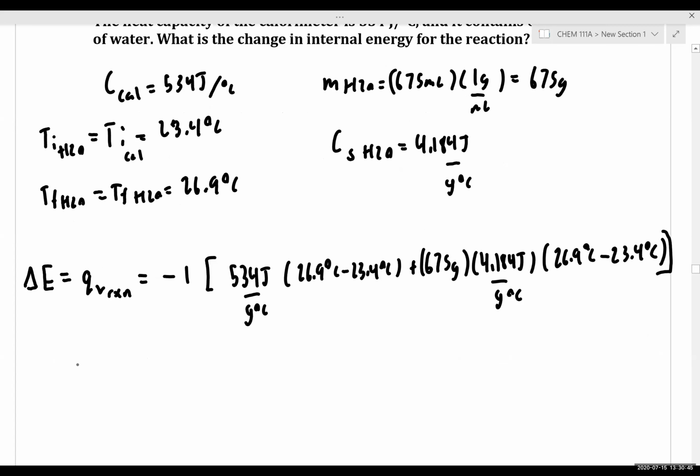And that in turn gives us a change in internal energy for this reaction.